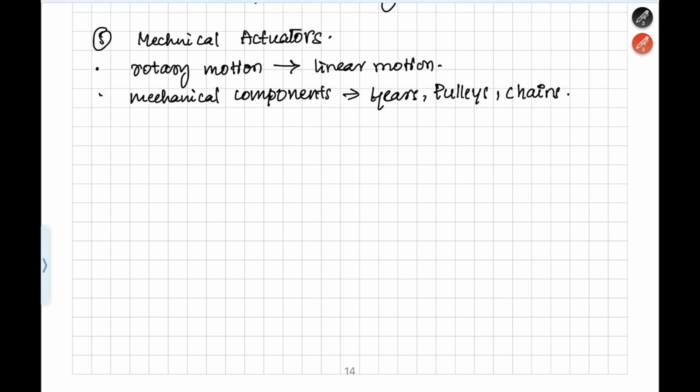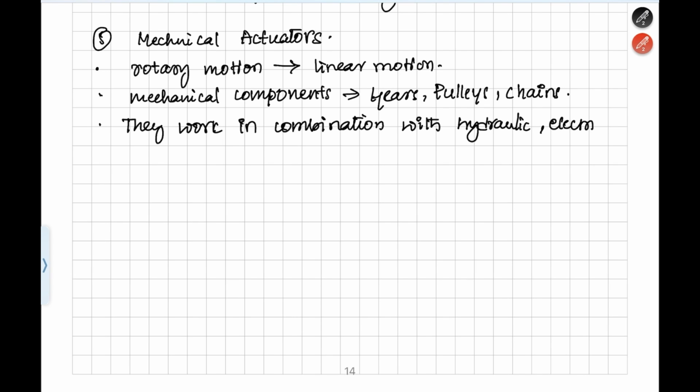These actuators work in combination with hydraulic, electrical, and many other actuators.